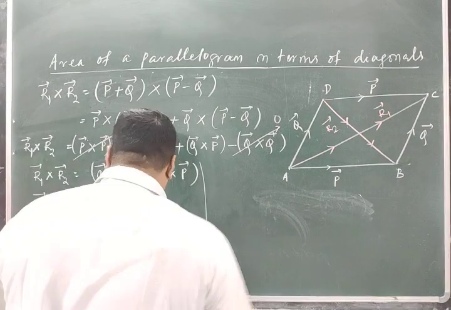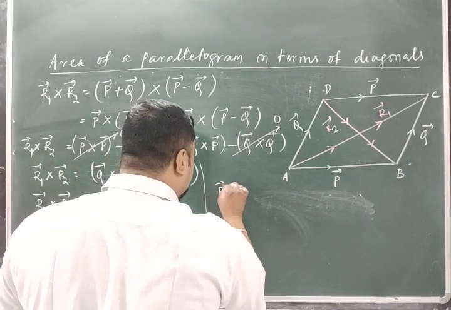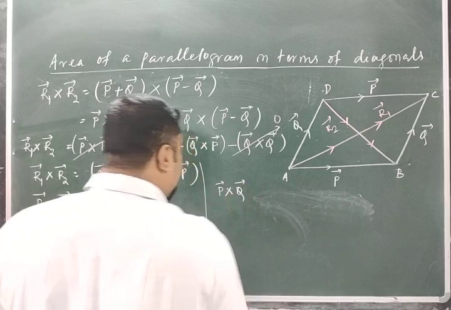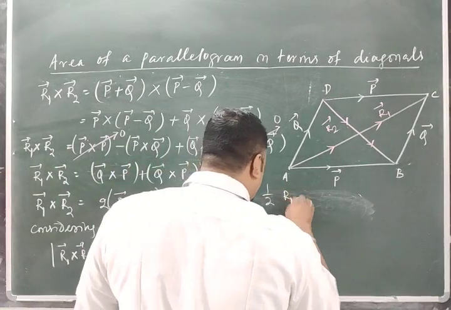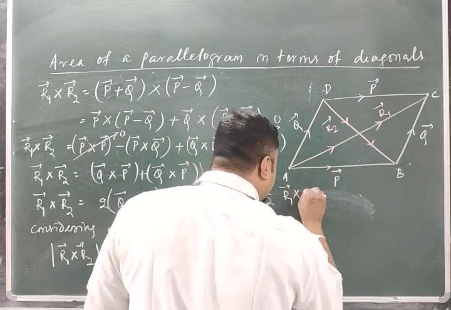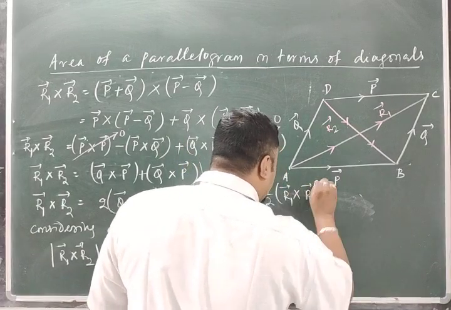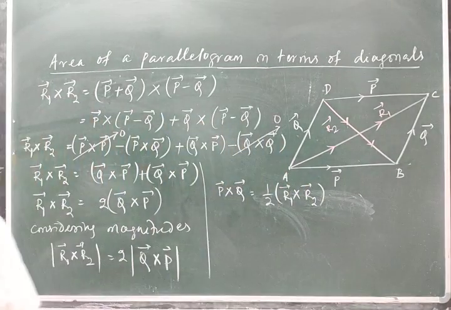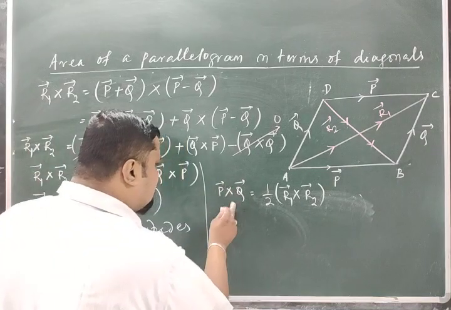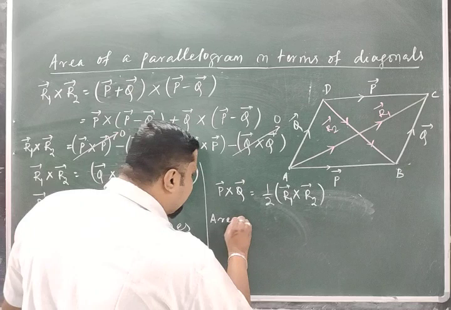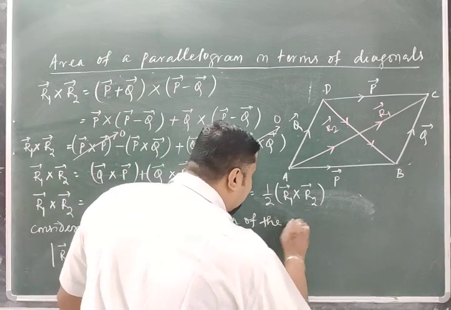Both are the same thing. So I can write P cross Q equal to half of R1 cross R2.